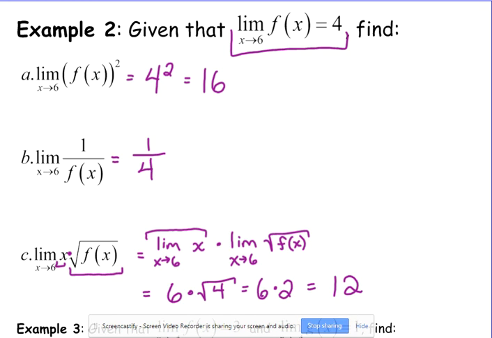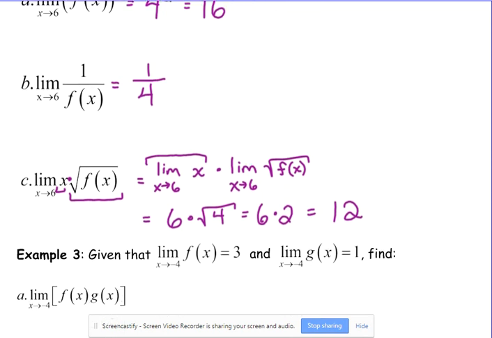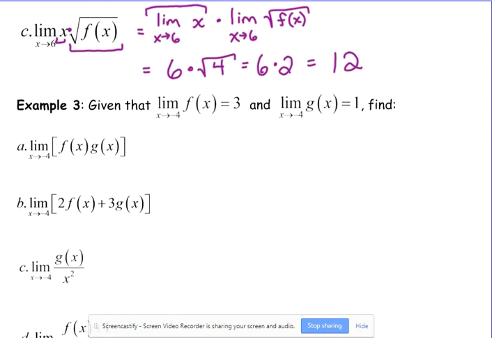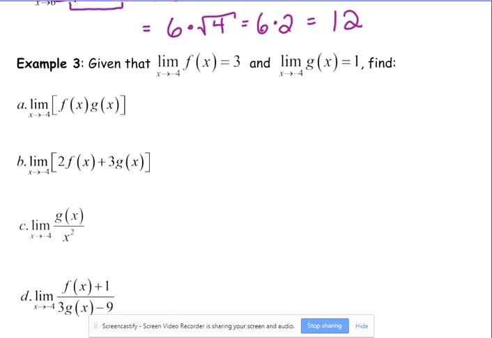Okay? Feel free to go back, rewind, look over any of those that were a little unclear, but it really is just that cut and dry. Let's look at an example where we've got two functions that are interacting with one another. Example A is an example of our product rule. Again, f times g.